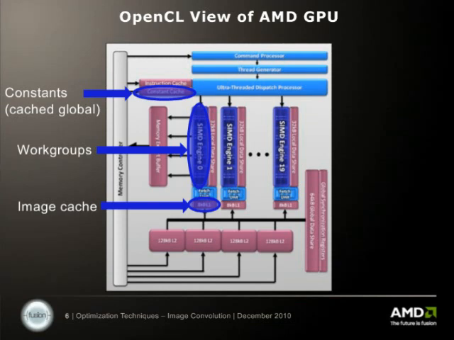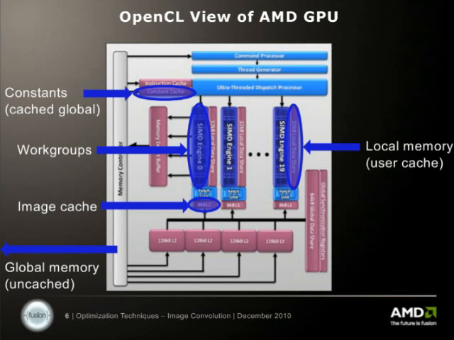Image cache. When you use OpenCL images, the data from OpenCL images are cached, and they get mapped onto this particular 8 KB cache that we have on our GPUs. Global memory is outside of the chip on the board, so it is a high latency memory. And we have local memory, which is a user-enabled cache.